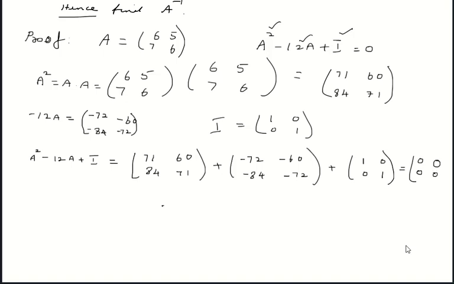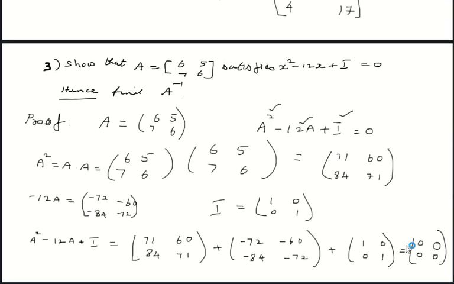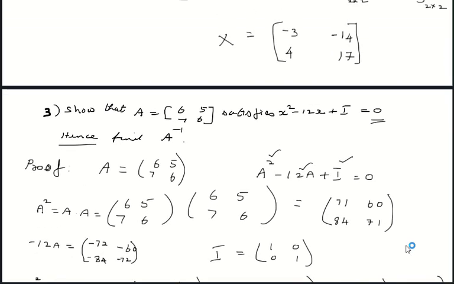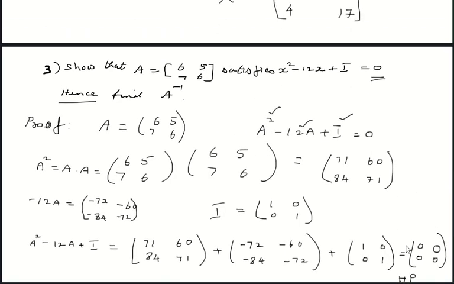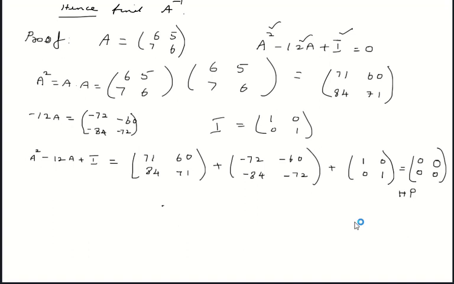So this is a 0 matrix. This is what he has asked me to prove. Show that it is 0. I have got it, hence proved, right? Hence proved. Okay, now I have found that this A matrix satisfies this. Hence find A inverse means using this result you should find what is A inverse.